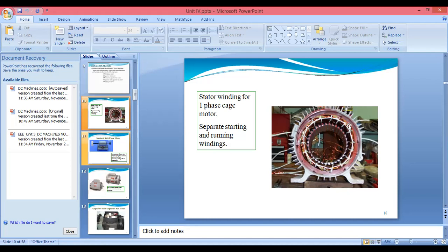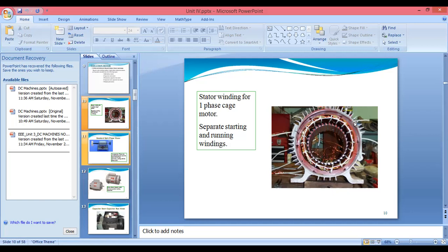After the stator frame, we are using the stator core. We use the core to reduce the eddy current losses, like we have seen in the DC machine. What is meant by eddy current losses? If we are giving the power supply and we have made any wrong connections, or we are not giving the power supply accurately, at that time there will be a flow of unwanted current.